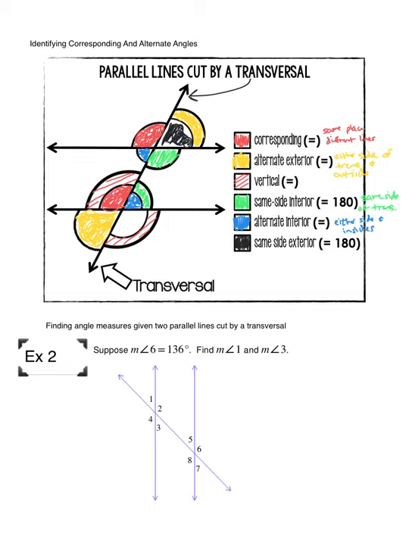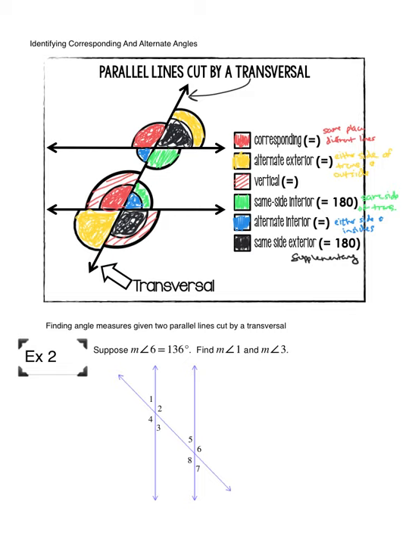Same side of the transversal, they also are supplementary. Now, what this chart helps you realize is you can know the measure of one angle out of 8 of them, and you can figure out the measure of every other angle as long as you understand the properties of parallel lines cut by a transversal.